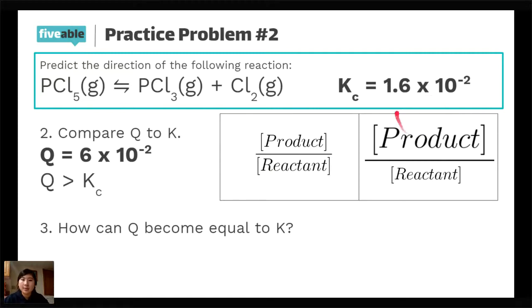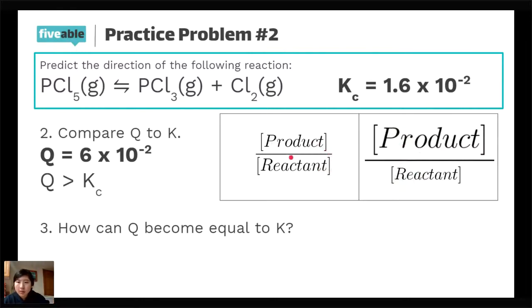Then this, which is the Q, compared to the perfect equilibrium, you can see that Q has a lot of product but very little reactant. So what we need to do is make the reactant bigger, or decrease the product, in order for this to be equal to the K, the golden standard for equilibrium.